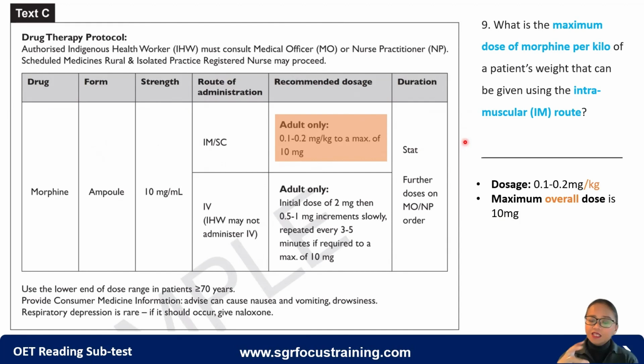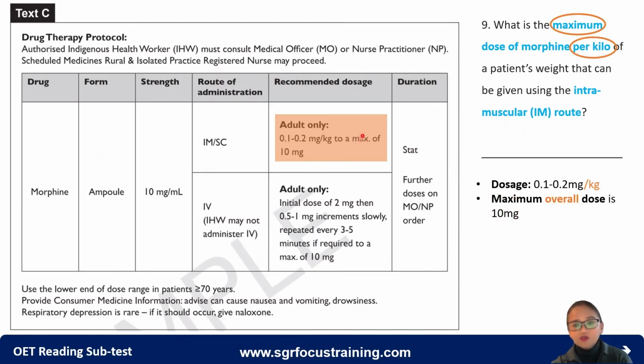So again, before you give your answer, I want you to read your question again and make sure that you are understanding it correctly, because a lot of the questions in OET tend to be specific. So this question is looking for the maximum dose of morphine per kilo. Okay, so the first one is per kilogram, but the second piece of information is not per kilogram.